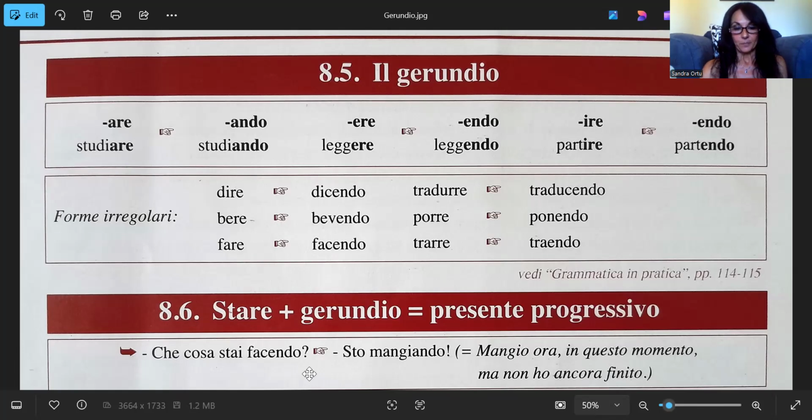As I said, the question that you would ask quite often, what are you doing? What are you saying? Which is when you actually have the construction of the verb stare with the gerundio. Gerundio, as I said, is the ing, which makes the presente progressivo. Technically, that is really the tense, exactly the same in English.